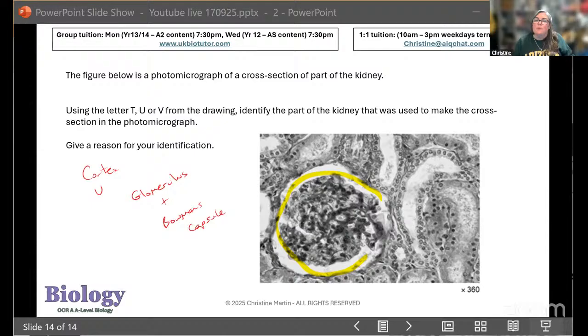So they're the types of questions where it's assessing your knowledge and your ability to apply it to the question. They expect you to have seen those cross sections, and to know about them, and they want to ensure that you've got the ability to apply it.